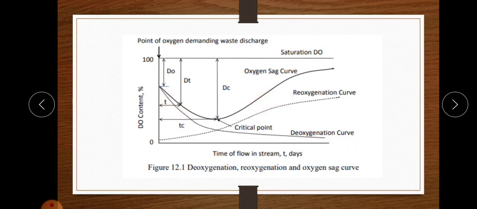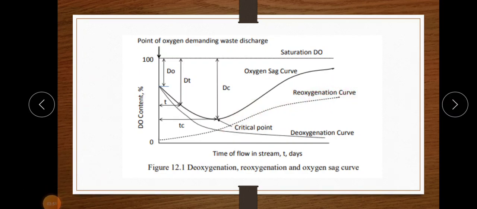That process is known as reoxygenation, that is, the supply of oxygen from the atmosphere, so the amount of oxygen is increasing.